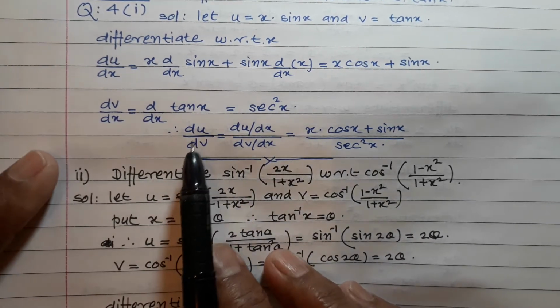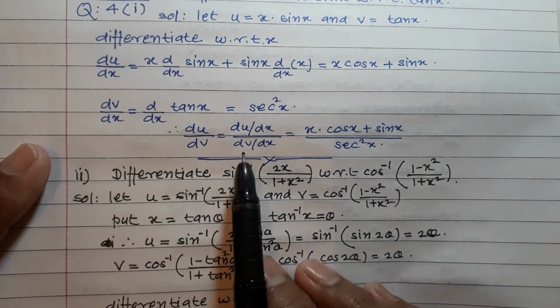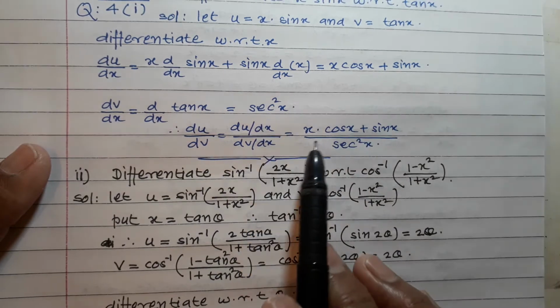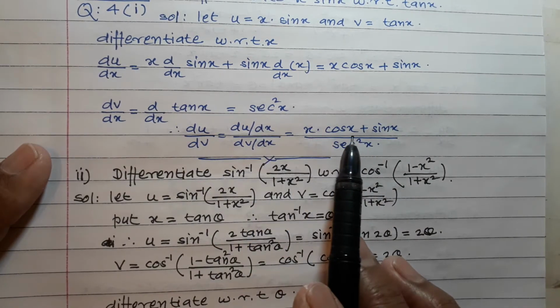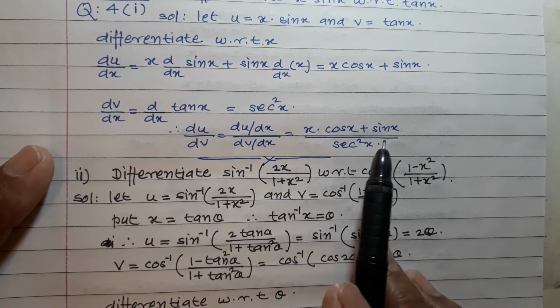Therefore du/dv is equal to du/dx upon dv/dx, which is equal to x cos x plus sin x upon sec square x.